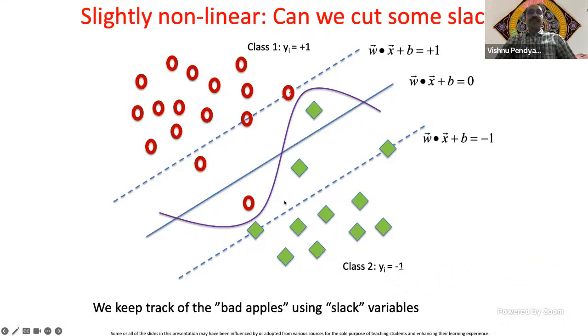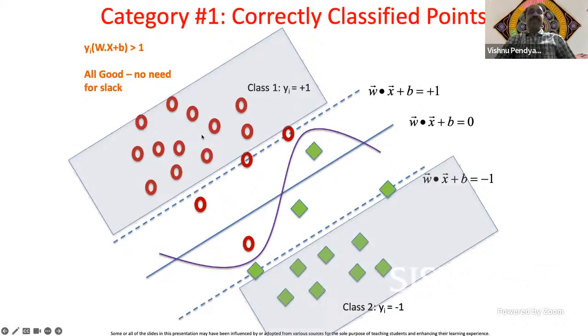If you carefully observe the slide, you can notice there are 4 kinds of points of particular interest. What is the first kind? Those are correctly classified points on either side of the margins. For those, the constraint is obeyed and all is good. There's no need for any slack.